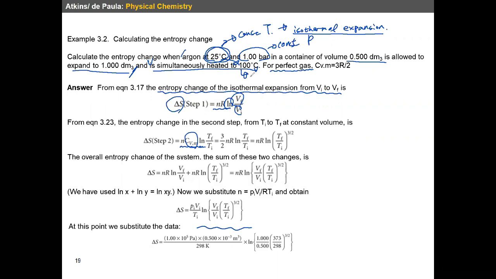There is no volume change, the volume is constant at 1 decimeter cubed. And then C_V,m for a perfect gas is 3/2 R. So we can simply put this here. Then this is 3/2 nR ln Ti over Tf.